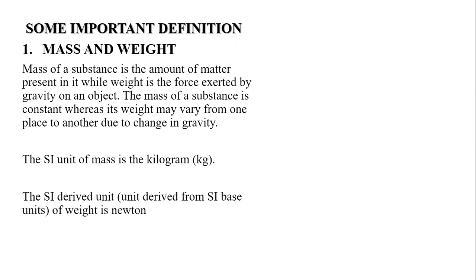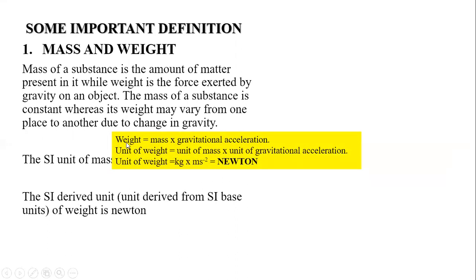The derived unit of weight is Newton. The unit of weight is derived from the unit of mass, that is the fundamental quantity. Let us understand the unit of weight. We know weight is equal to mass multiplied by gravitational acceleration. So the unit of weight will be equal to the unit of mass multiplied by the unit of gravitational acceleration, or it will be equal to kg multiplied by meter per second square, where meter per second square is the unit of gravitational acceleration.